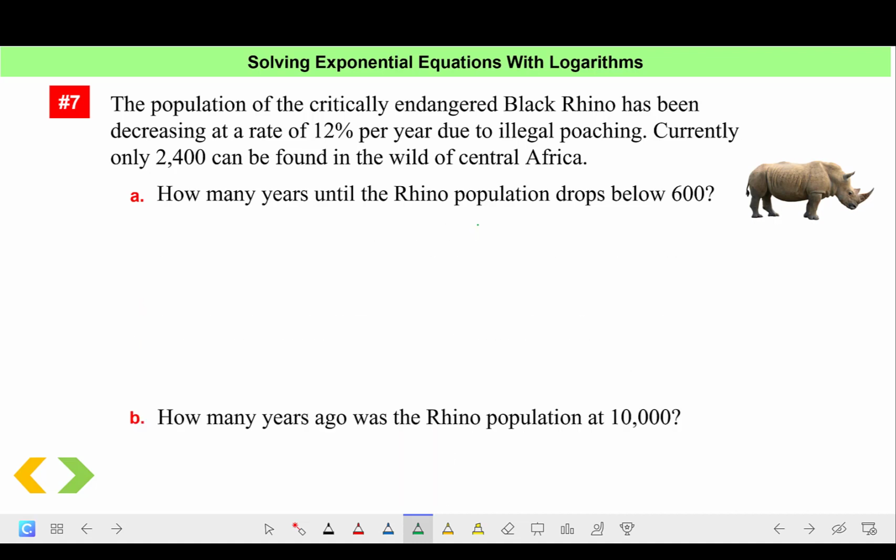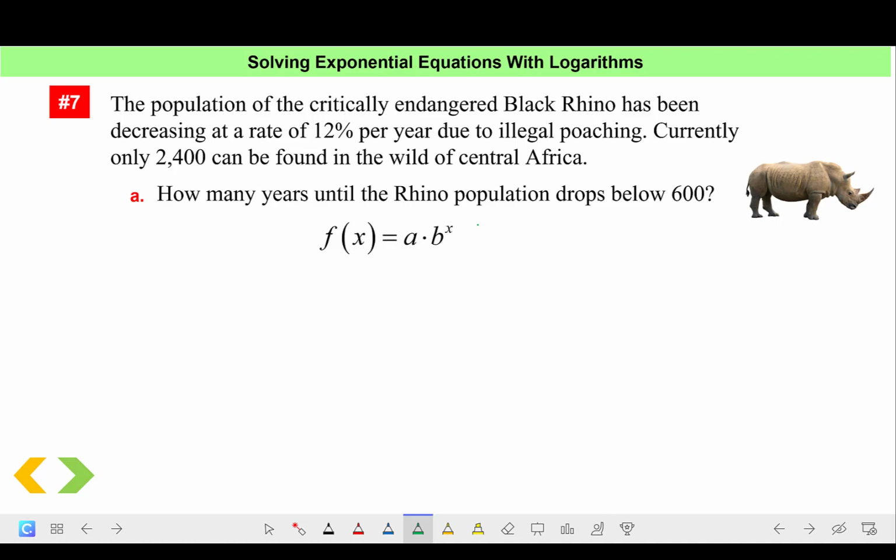Okay, so hopefully you went through this problem, read through it, and recognized this as a problem we've seen before. For us to answer previously, we had to graph this, but now we don't have to. If you read through the problem and you set your exponential equation correctly, and you have your initial value, your rate of decrease, and all this sort of stuff, you should get to here.